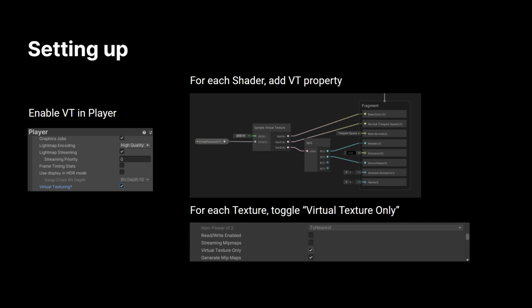If you are using it only with VT properties, then on the texture importer you can toggle virtual texture only, and this tells us, hey, we don't need to store that regular non-tiled texture copy, and then we will make sure it is not stored in your build. Otherwise, you actually have twice the data, once tiled, once non-tiled.